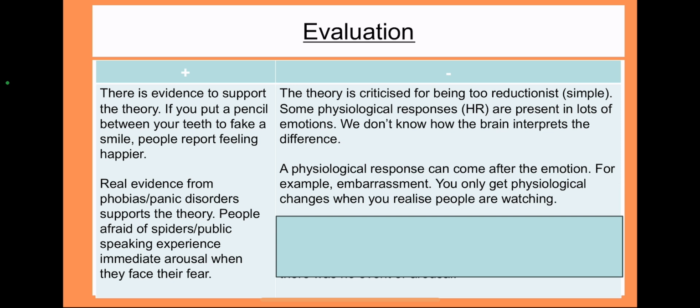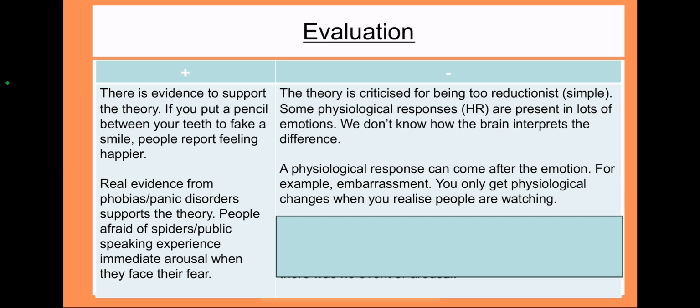There is an example of an emotion where the physiological response actually does come after the emotion. We talked in class about the emotion of embarrassment. So, we've talked about times where you fall over, maybe you trip up, you do something silly and you go, just in your own mind, that's a little bit embarrassing, isn't it? But you don't actually have any physiological arousal.